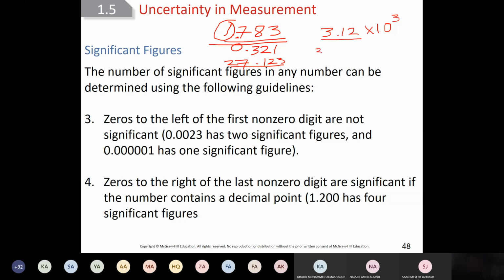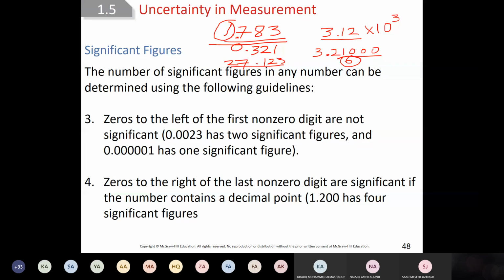If I write 3.21000, how many significant figures here? All the zeros are also significant if there is a decimal point. So in this case, 1, 2, 3, 4, 5, 6 significant figures. So if there is a decimal, any zeros to the right are always significant.